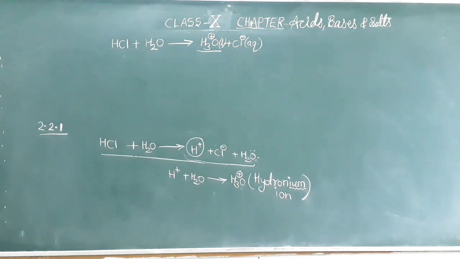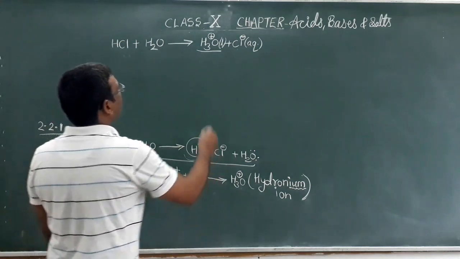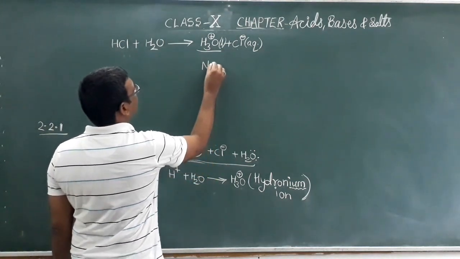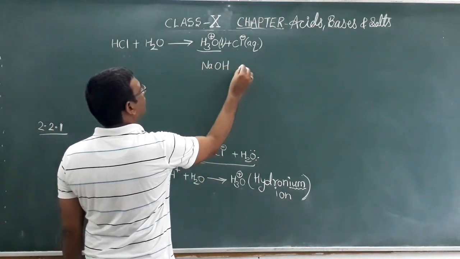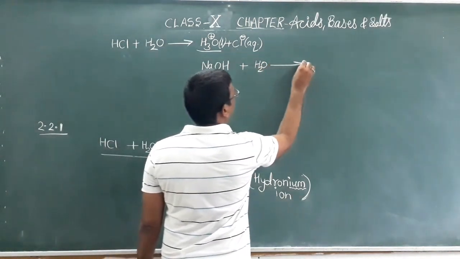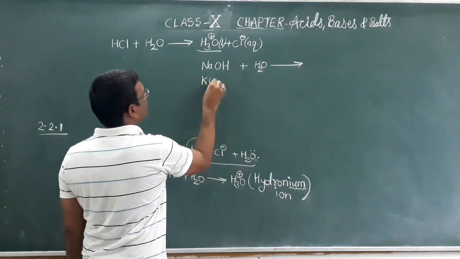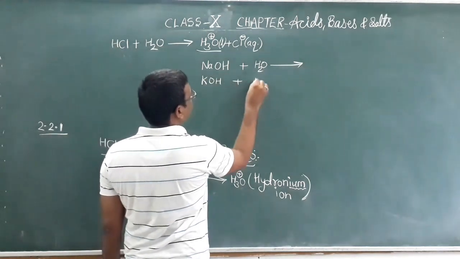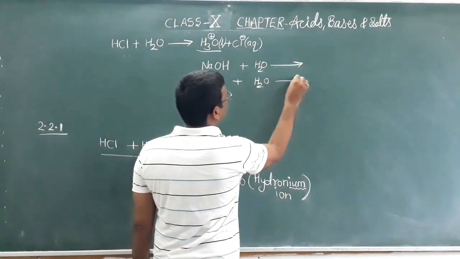Next, what happens when you are mixing sodium hydroxide in water? I am asking you to write the equation NaOH plus water. What happens? In the same way, potassium hydroxide and water, what happens?